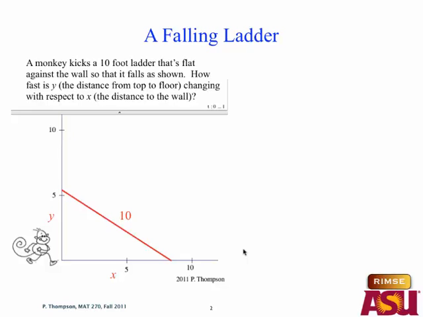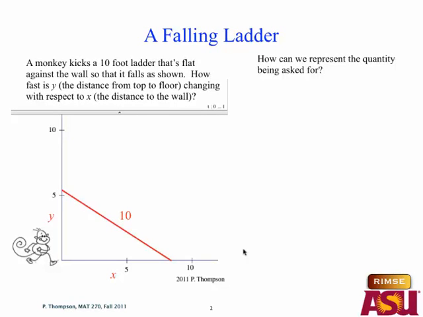Rate of change, dy/dx, or y prime, with respect to x. So given a change in x, we want to know how much y changes for that change in x. That rate of change will change as the ladder falls. So it's a function of the current value of x.